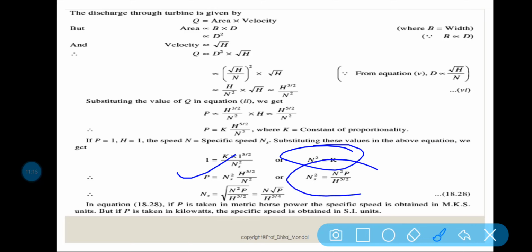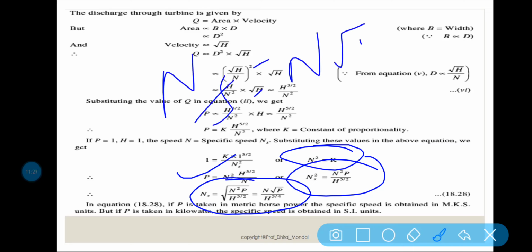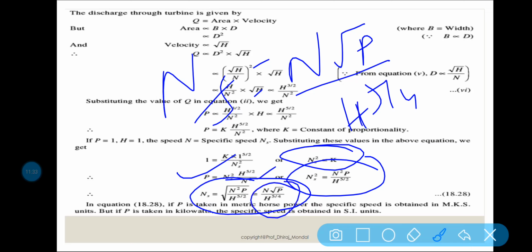So ultimately, if I am calculating, then Ns can be written as N root P by H to the power 5 by 4. When the root sign is removed, you will get this. So this is your ultimate equation.